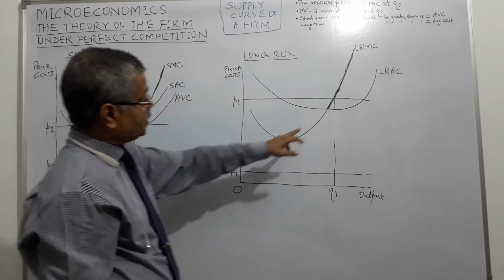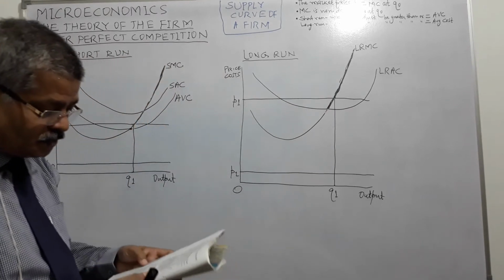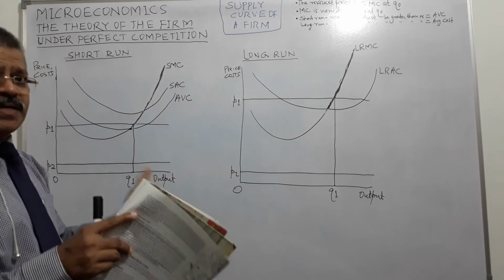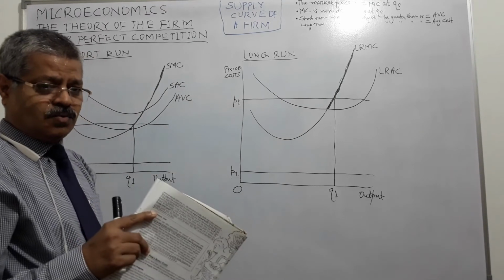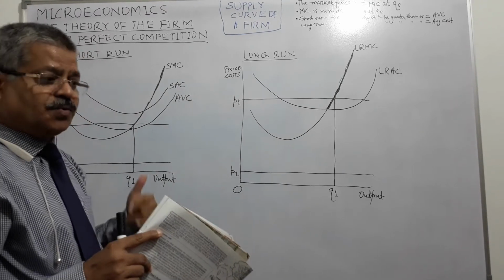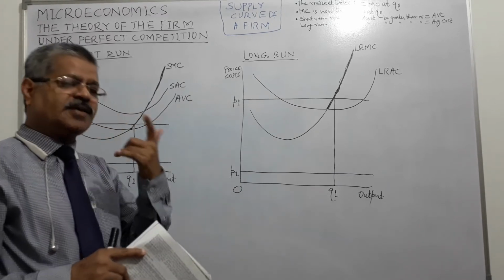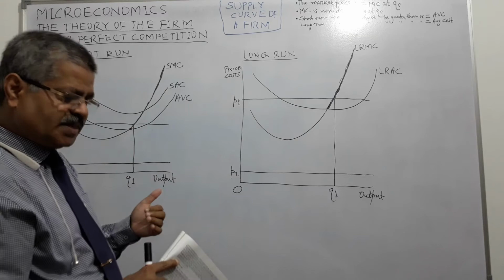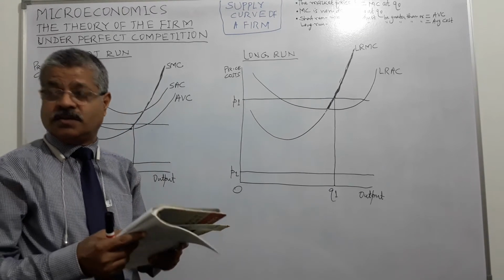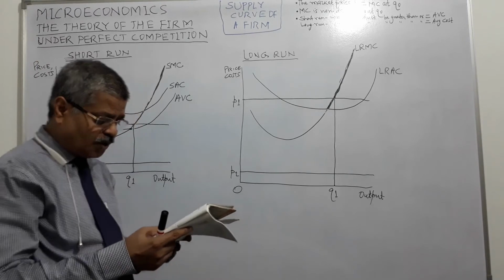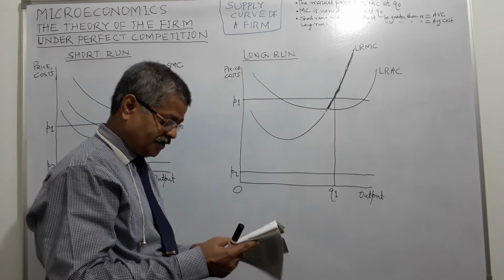So here the firm will take a shutdown, okay? Firms do take shutdowns in order to wait for the opportunity to re-enter again, or they take long-term shutdown and try to get out of the business when they see that they will not be able to survive in the business, right?